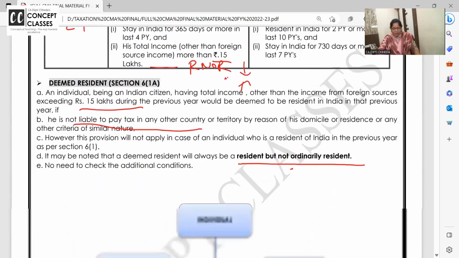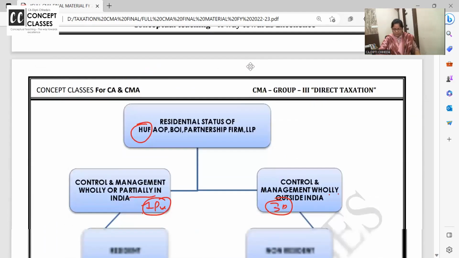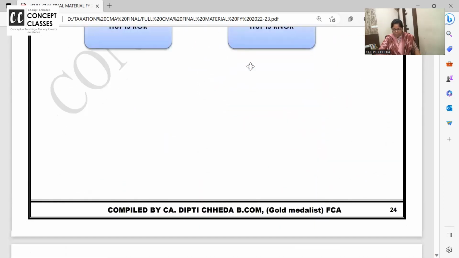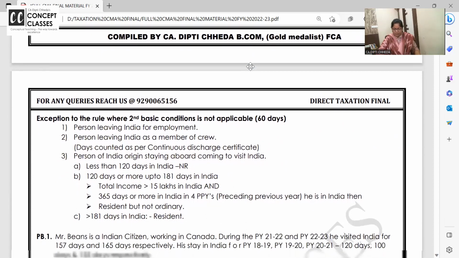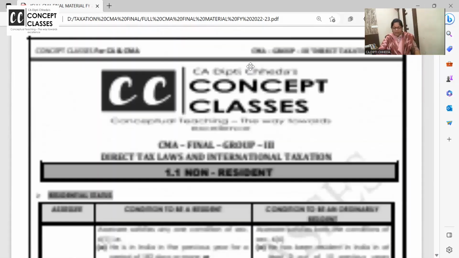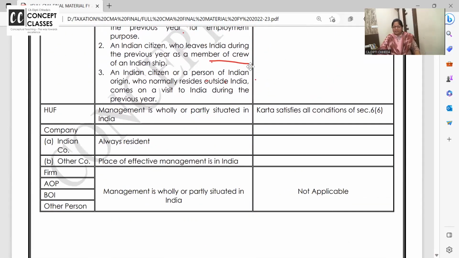So this is all about the residential status of individual. Then we also saw the residential status of other persons, Hindu undivided family.